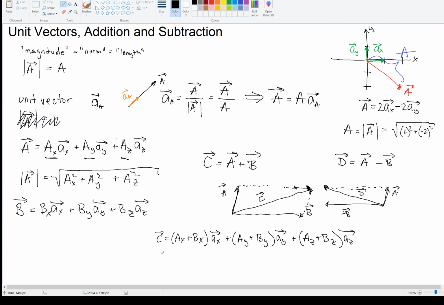Okay, and then if we were to subtract, like we took A minus B, the components subtract. So Ax minus Bx in the x direction plus Ay minus By in the y direction plus Az minus Bz in the z direction.